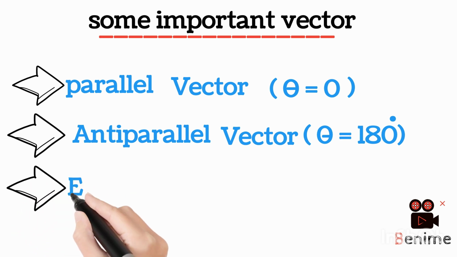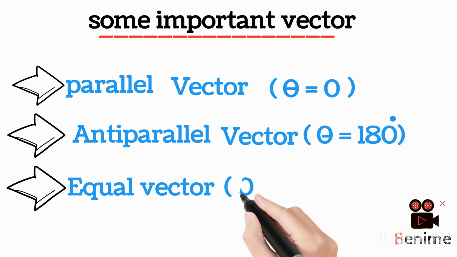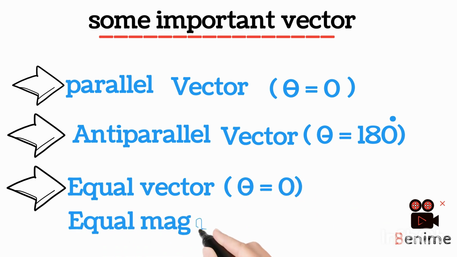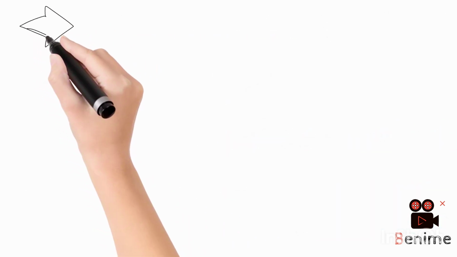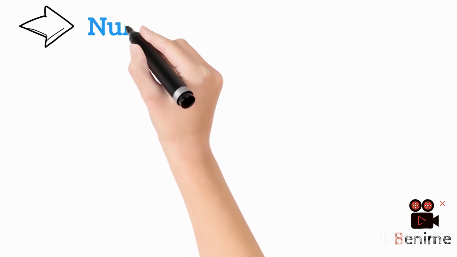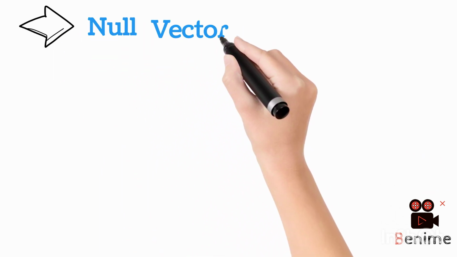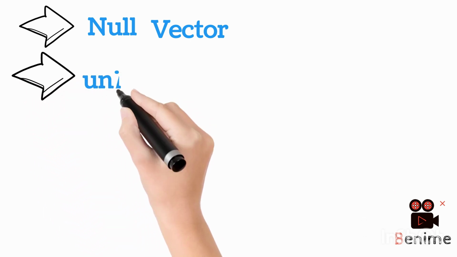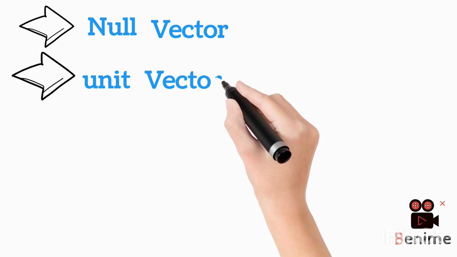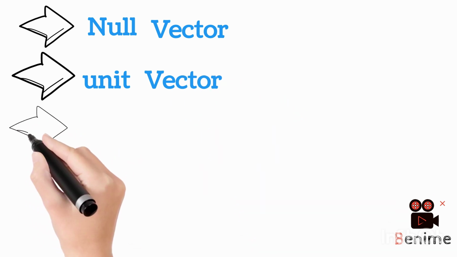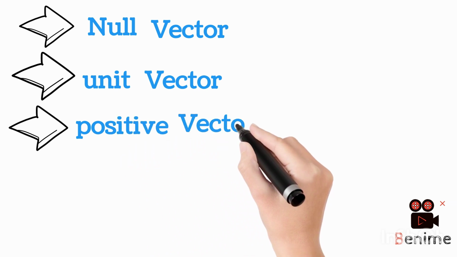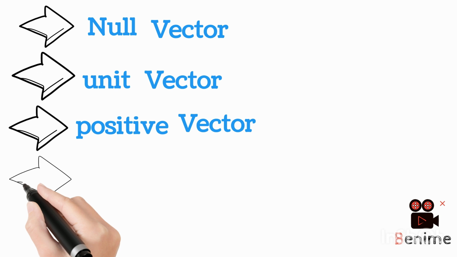Equal vector: theta is equal to 0, equal magnitude. Null vector, unit vector, positive vector, displacement vector.